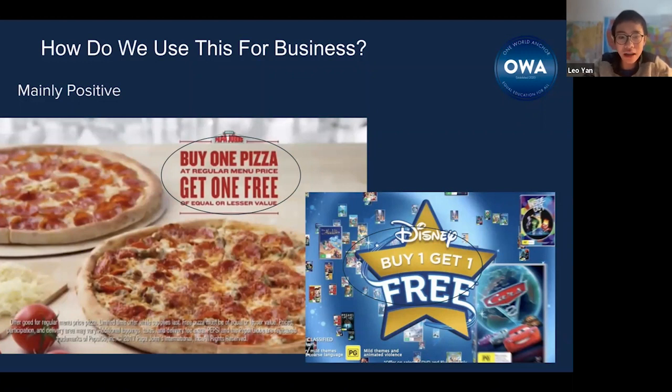The incentive here is that if you bought one pizza, you will receive one free pizza, which hopefully everyone goes to the store and buys a lot of pizza, and it balances out the amount of pizza that they have to give out for free. But they're presenting you with an incentive. But after Disney saw this commercial, Disney wasn't happy, and Disney released their own commercial, which says buy one, get one free.